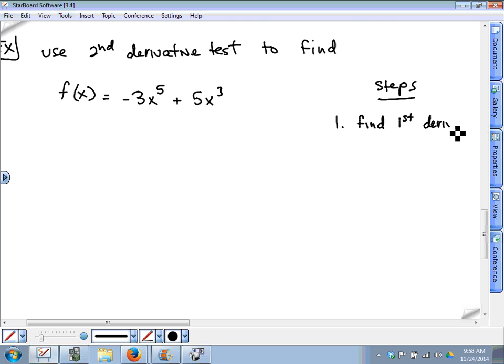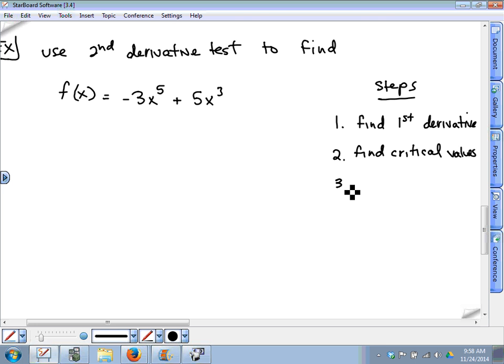Find the first derivative. And before you just jump right into the second derivative, you need to find critical values, because you're going to be plugging those critical values into the second derivative.